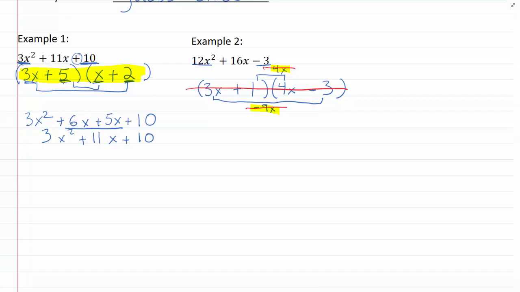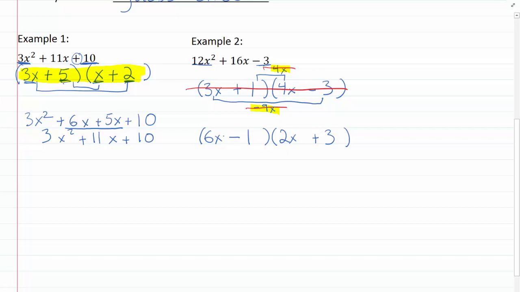Let's see, is there anything else that I could multiply together to give me that 12? Let's try 6x and 2x. And then we'll go ahead and put a minus 1 right here and a plus 3 right here. Negative 1 times positive 3 would give us this negative 3.